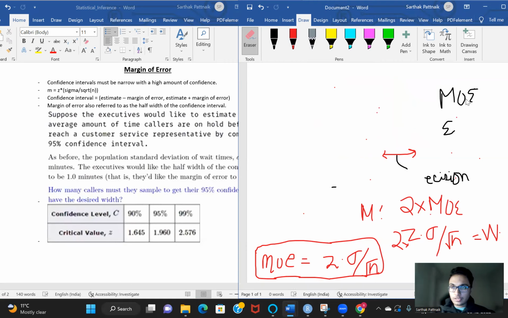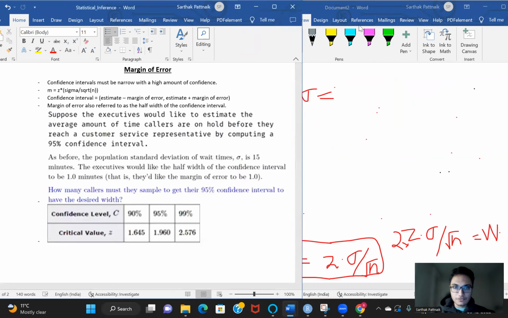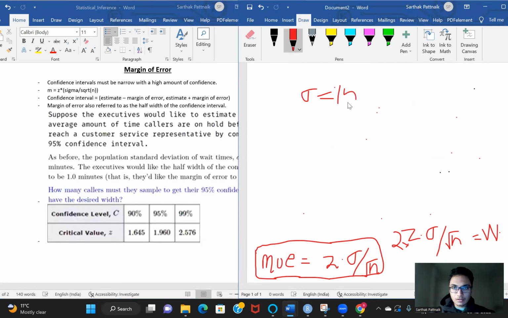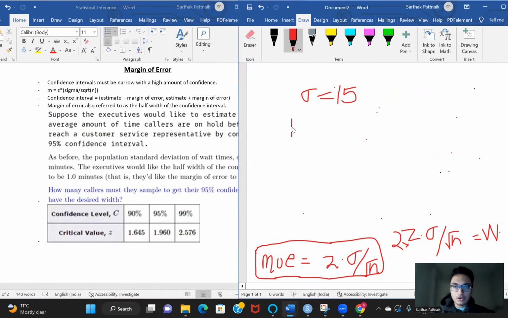Let me remove all of these. My sigma is given as 15. My half width or margin of error is given as 1.